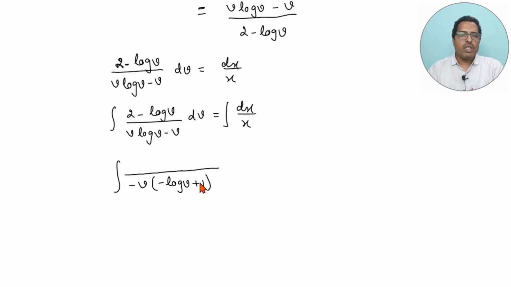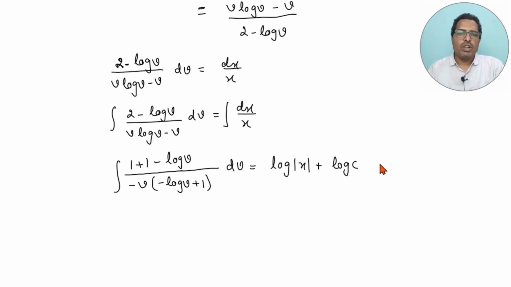Since you have 1 over here, try to get 1 value over here. So can I write this 2 as 1 plus 1, and then we have minus log of v, times dv is equal to, here the integral of dx by x will be log of mod x, plus, because this is in terms of log, we will add the constant of integration also in terms of log.